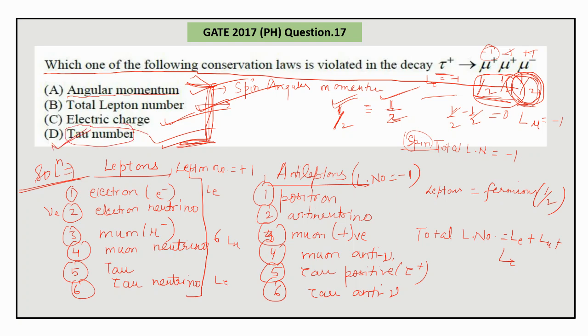So one thing is there is a conservation of total lepton number and there is a conservation of individual lepton number. For total lepton number, you have to consider the lepton number of each particle given in the equation: electron, muon, and tau. And for individual, you have to look separately. Okay, so now I'm done with the questions. So I'll again go back to that.